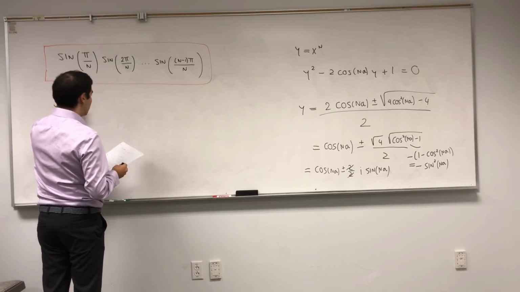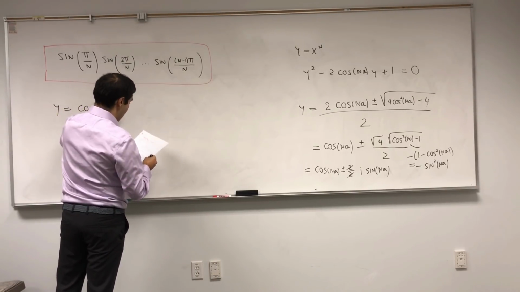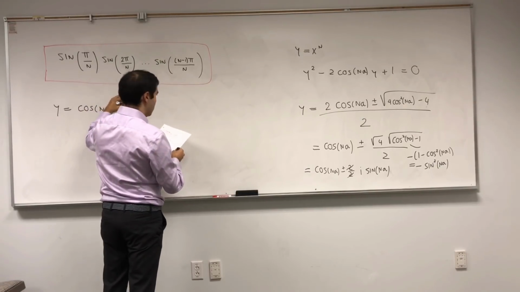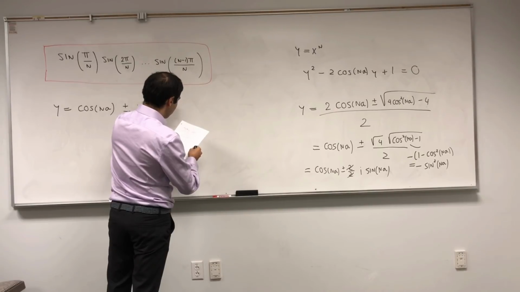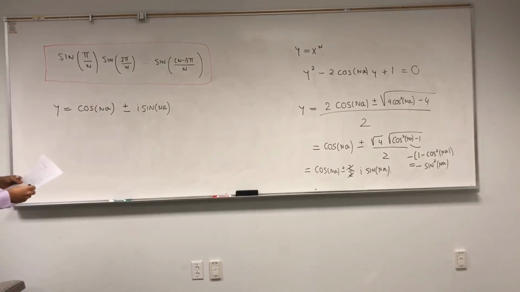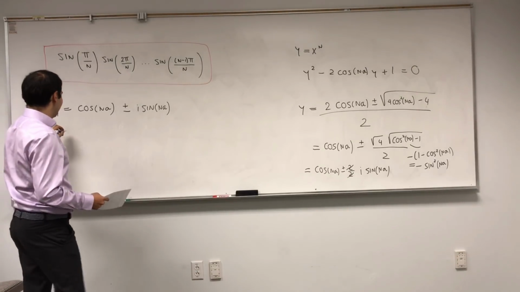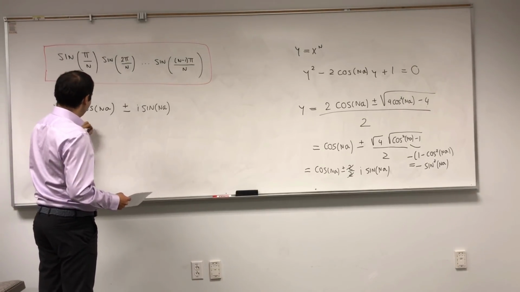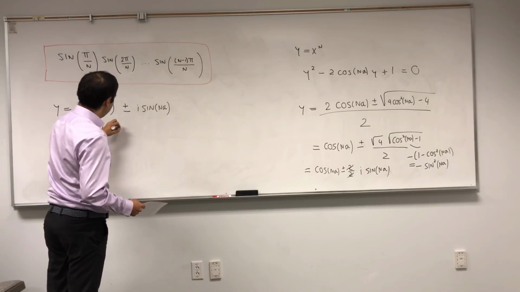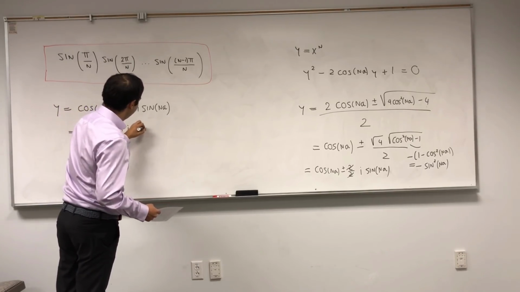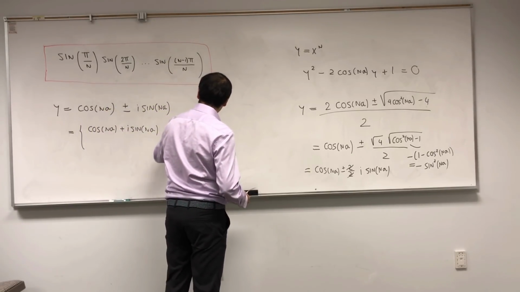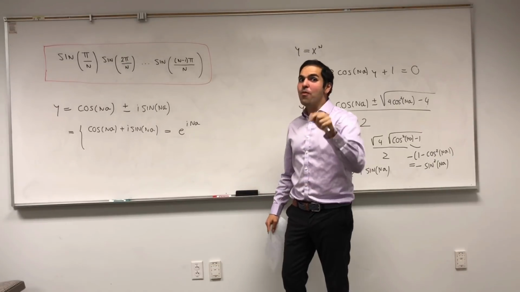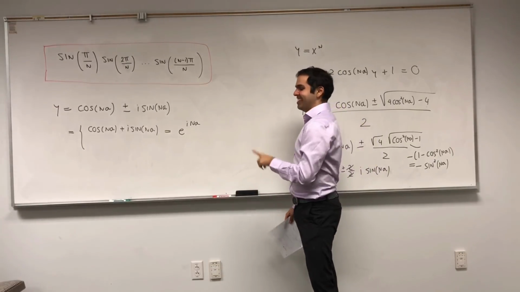So y is cosine na plus or minus i sine na, which, if you like, you can just write this. You see, this is equal to either cosine of na plus i sine of na, which is equal to e to the ina by de Moivre's formula.